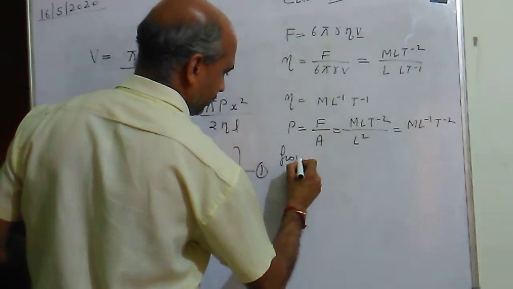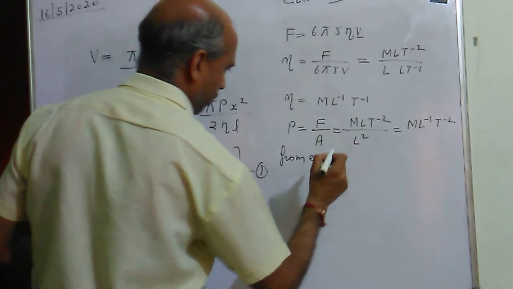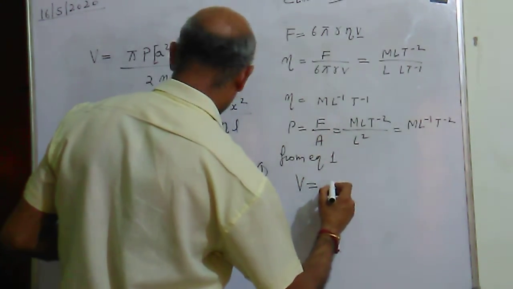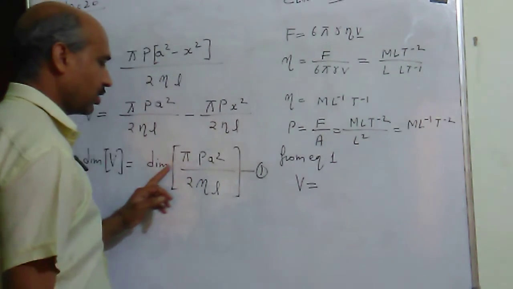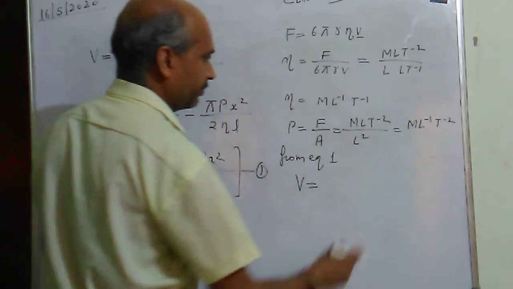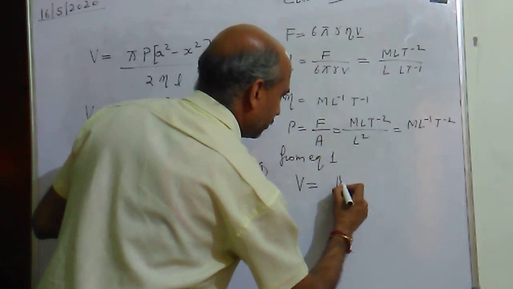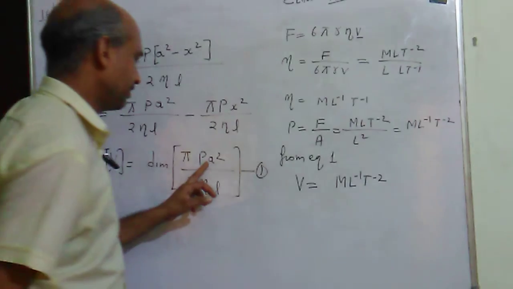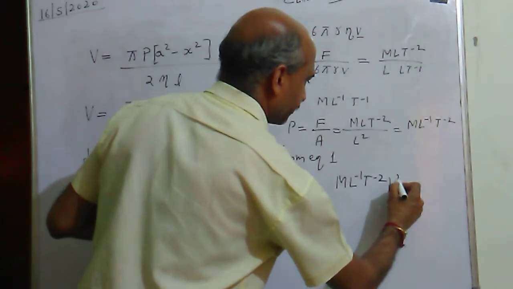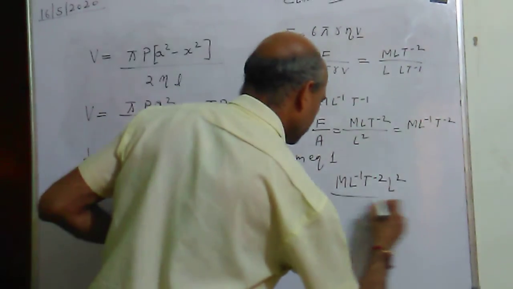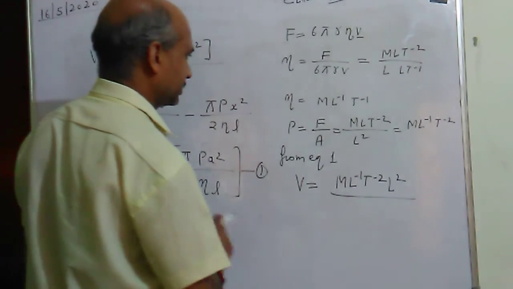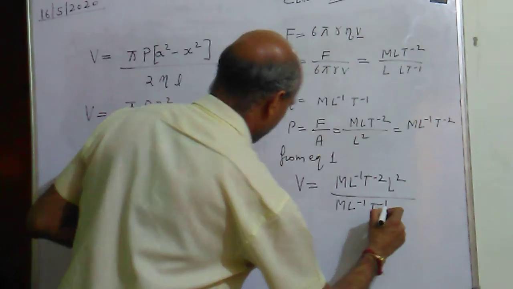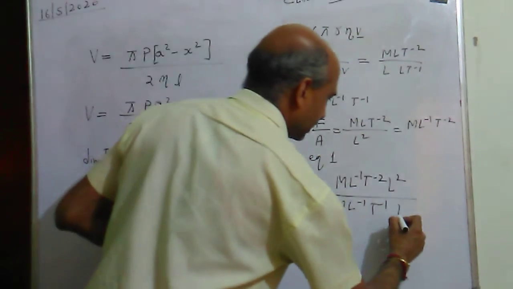So from equation 1, the dimension of V equals, no need of writing P now, straight away write the dimension of P: M L minus 1 T minus 2. The dimension of A will be L squared only, and the dimension of 2 is nothing. The dimension of eta is M L minus 1 T minus 1, and the dimension of L is L only.